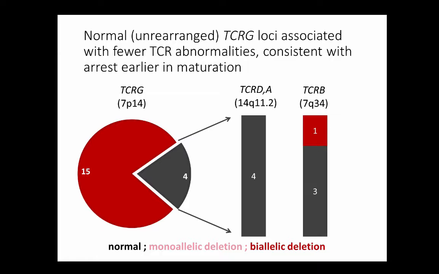And among those very rare samples that had no copy number changes at TCR gamma, the other chains are also mostly unrearranged, which is again consistent with the fact that if the cell did not have the opportunity to undergo gamma rearrangement, it would not have the opportunity to undergo rearrangement of those subsequent chains. So this is consistent with arrest much earlier in maturation.